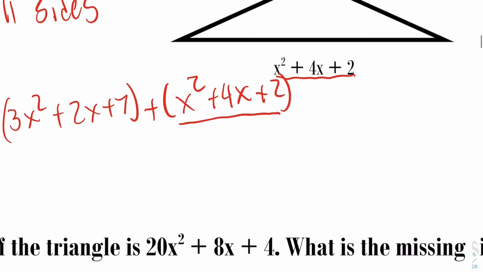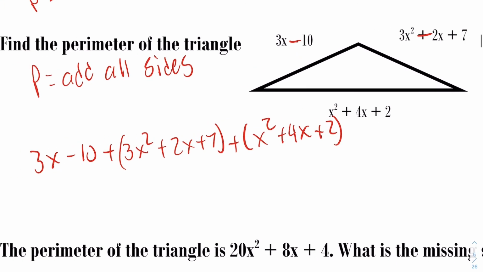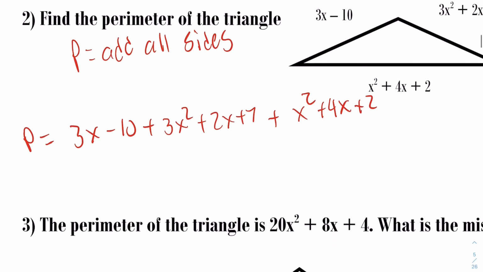If I was using a different formula, I might accidentally change the signs without meaning to. So the parentheses helped me make sure I was copying it correctly. But now that we know we're just adding everything together, we can erase the parentheses, because there was nothing in front of them that we're multiplying. So there's nothing to distribute, and we don't need the parentheses.